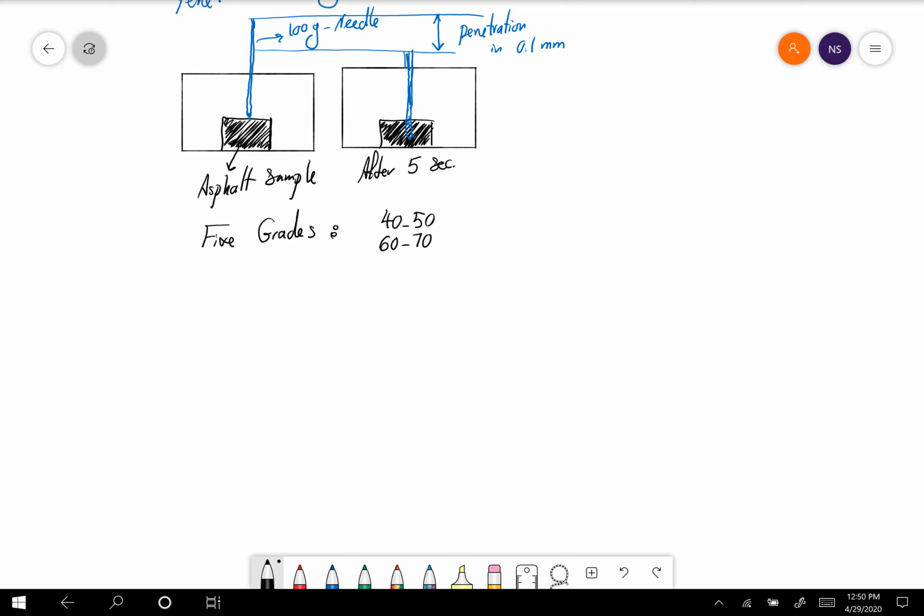So 40-50, 60-70, 85-100, 120, 150, and then 200, 300. And of course, the higher the penetration, the softer the asphalt binder was. For colder regions, we would use a higher penetration rate, and in hotter areas, you would use a stiffer binder, right?